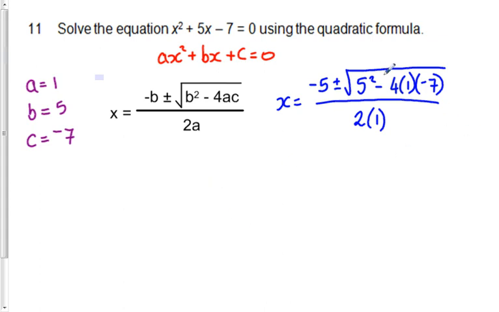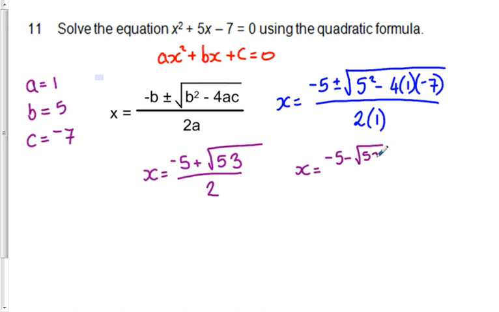So simplifying these, keeping track of our double negative here, is going to give us that x is equal to negative 5 plus the square root of 25 plus 28, which is 53, all over 2. And x is equal to negative 5 minus the square root of 53, all over 2.